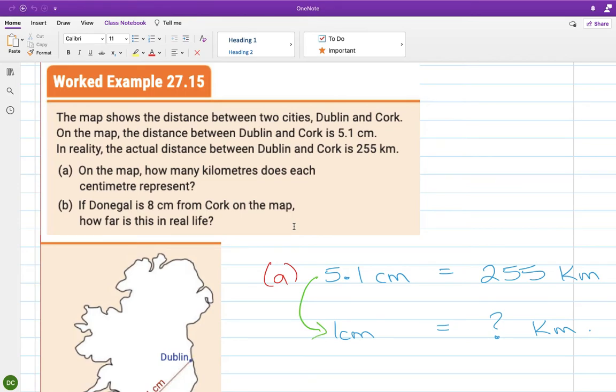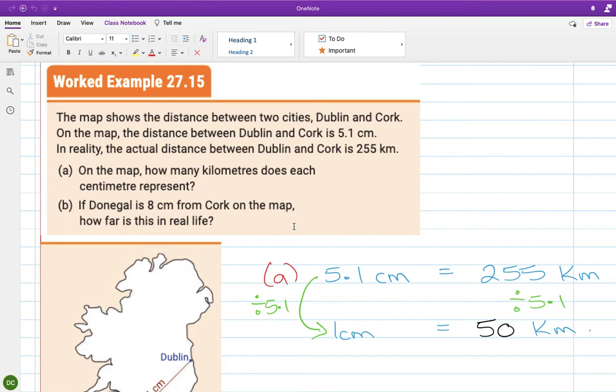How do you get from 5.1 to 1? You divide by 5.1. And then you just do the exact same thing over here. So 255 divided by 5.1 is 50. So 1 centimetre represents 50 kilometres.